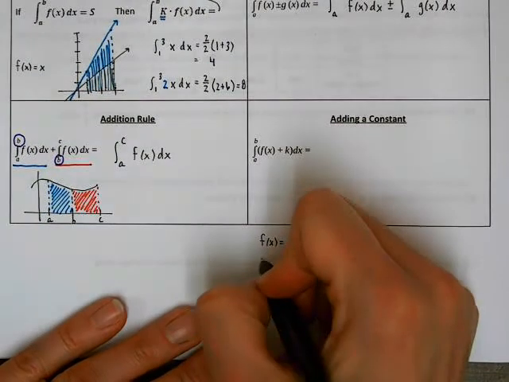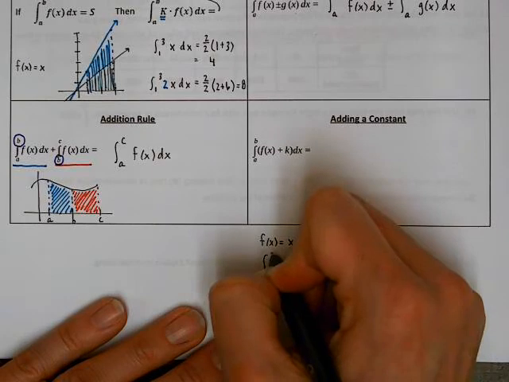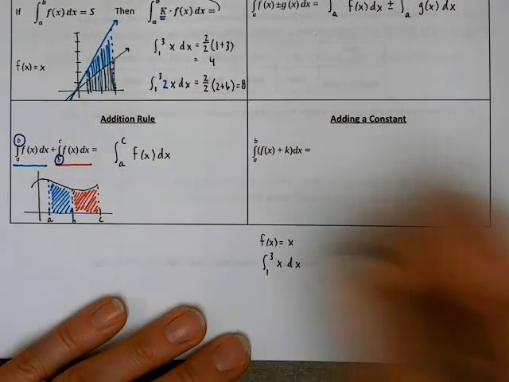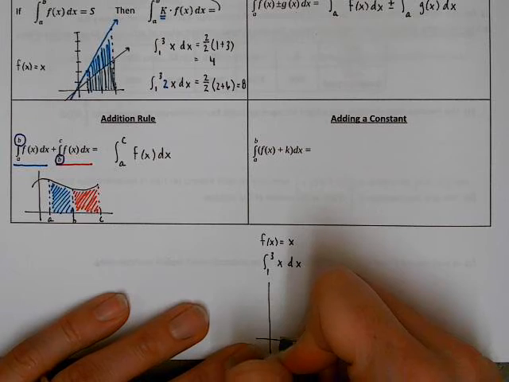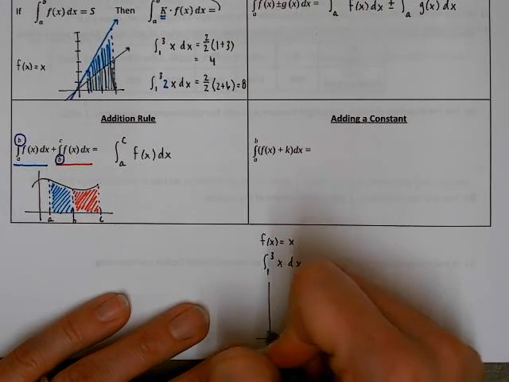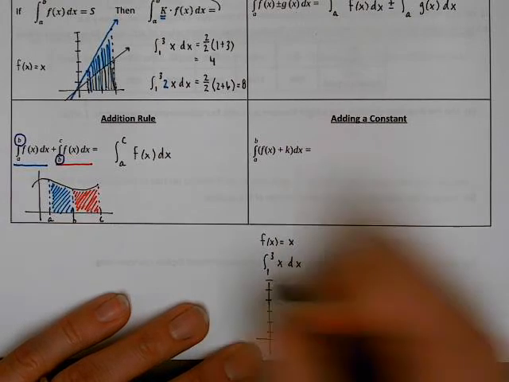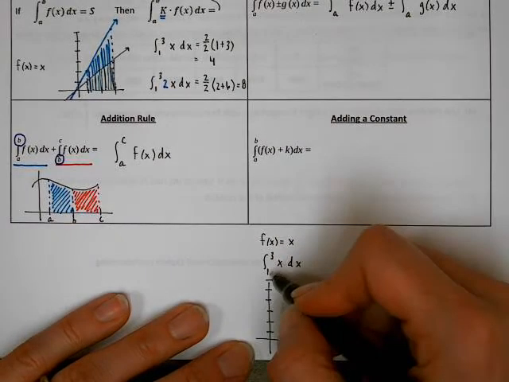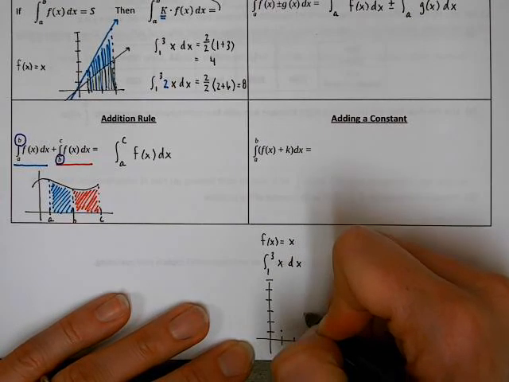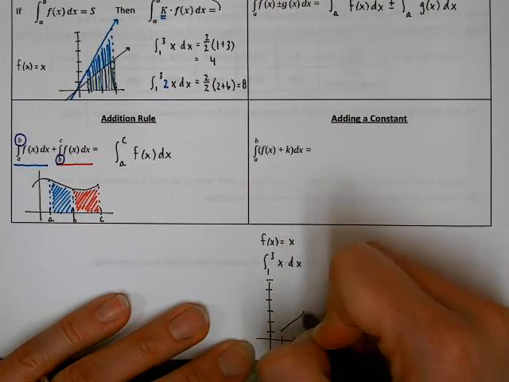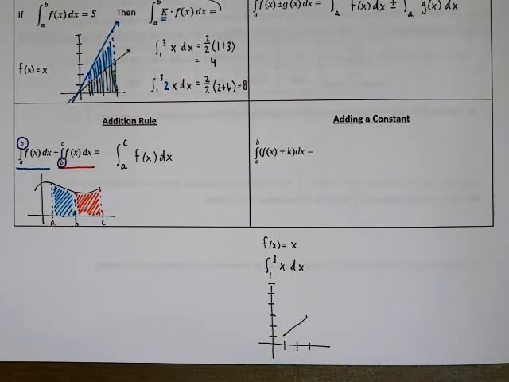So let's look at the integral from 1 to 3 of x dx. So I'm going to draw that here. So let's see, when x is 1, my output is 1. When x is 3, my output is 3. So I have basically this area here in blue.